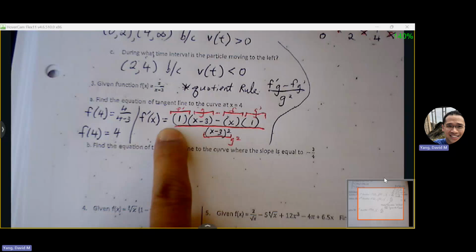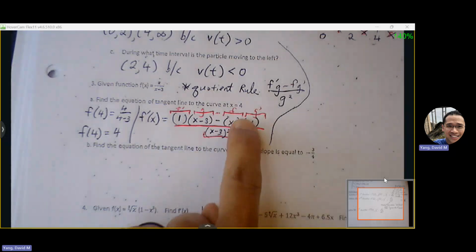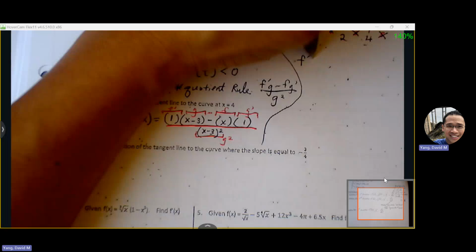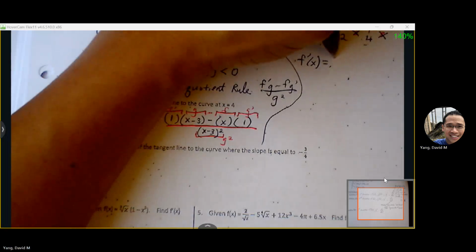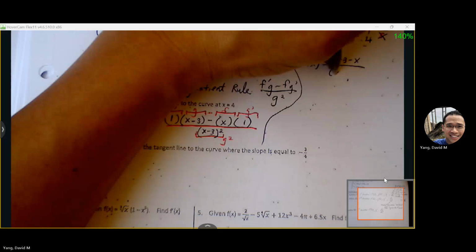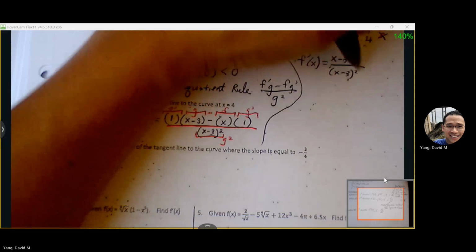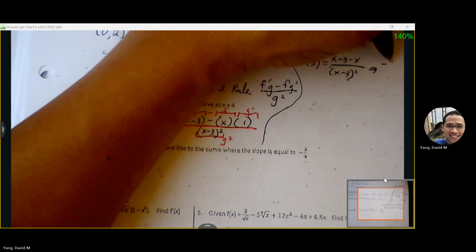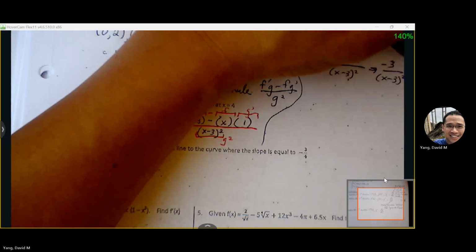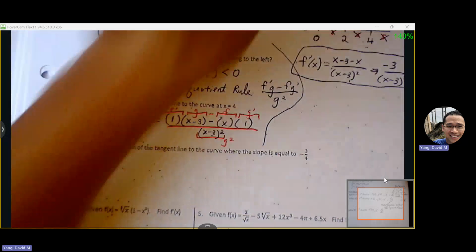So now I have my slope formula. I can plug 4 in to get the slope. Let me clean up my f prime first. So here's my f prime.